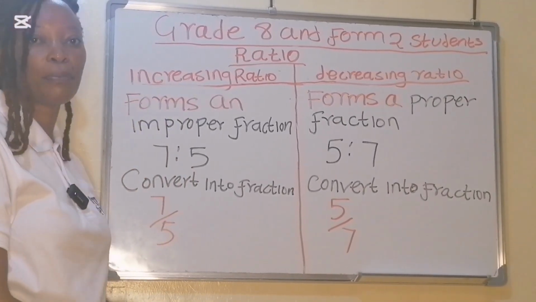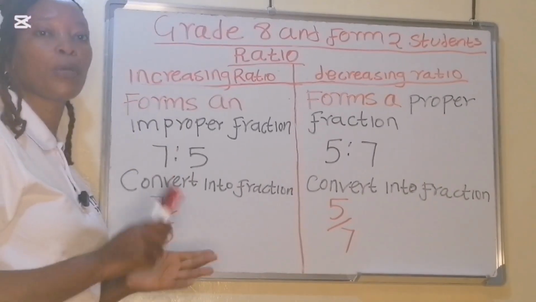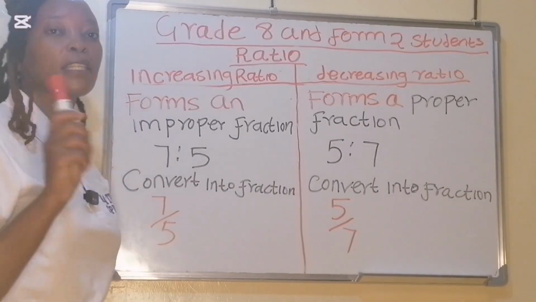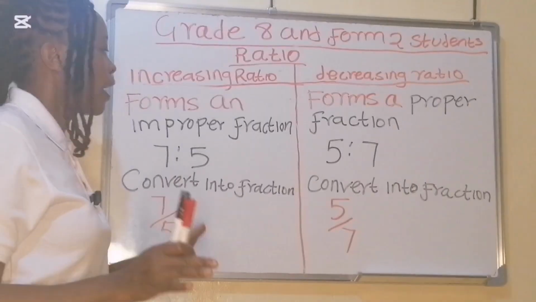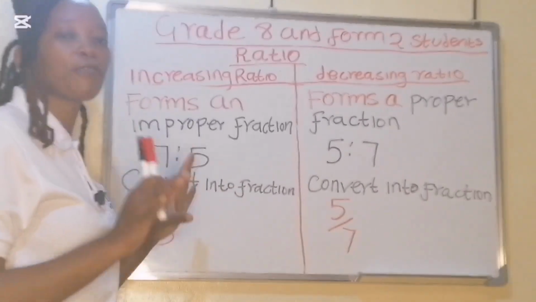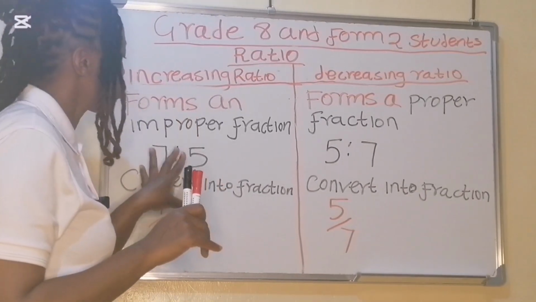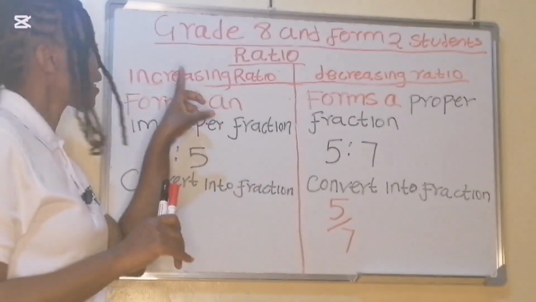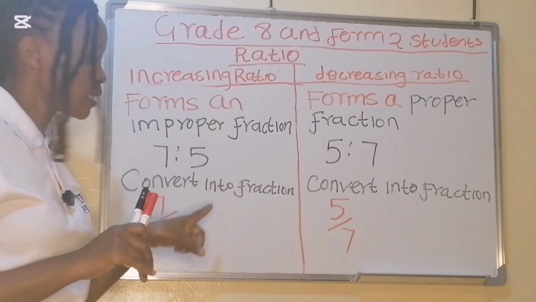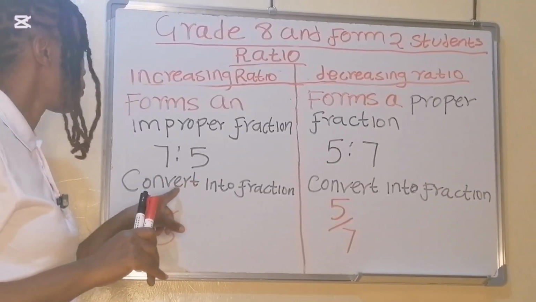I hope you are with me up to that point. The first thing is to convert the ratio you have been given into a fraction. If you convert this ratio into a fraction and it forms an improper fraction, that is an increasing ratio. Like in this case, 7:5.